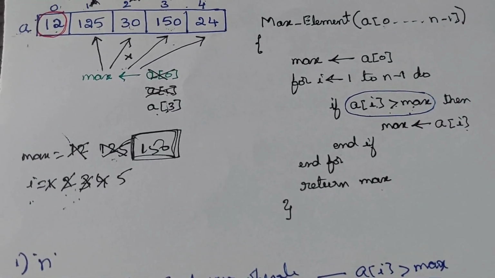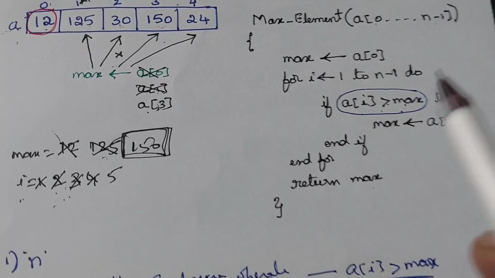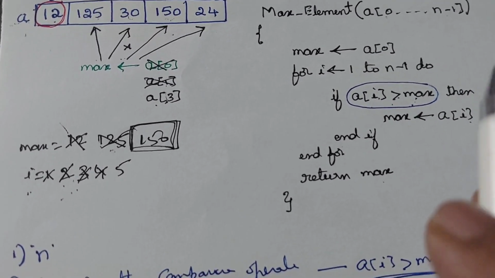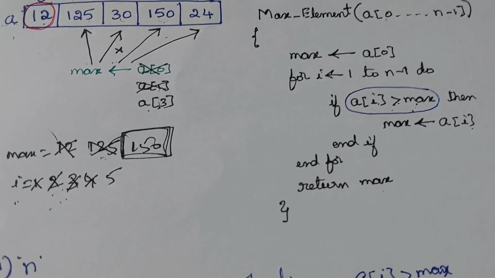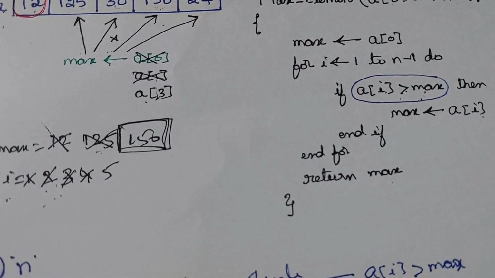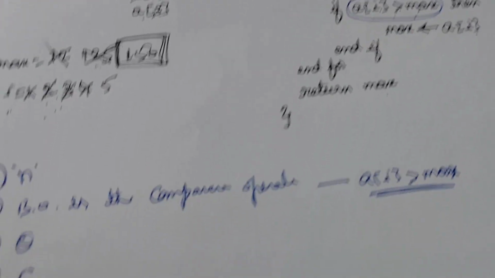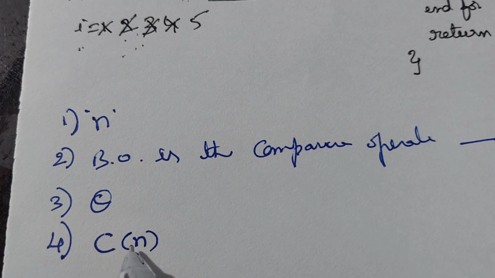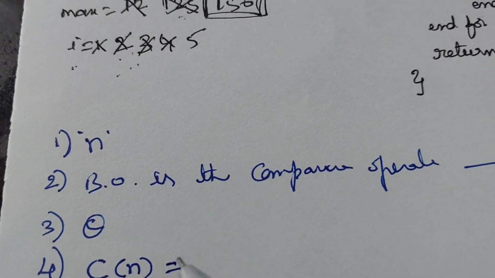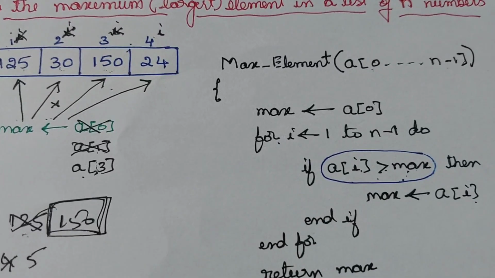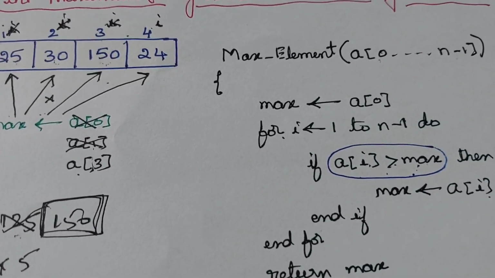Whenever your algorithm has loops, that many summations you have to use. Since comparison is the basic operation, I will take C, the starting character of comparison. So C of n, the number of times the comparison operation executes, is equal to, since our algorithm has only one for loop, one summation.